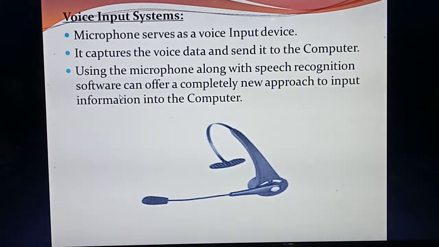That is done by the speech recognition software. Using it, your voice is converted into a computerized format and you can hear it properly. Understood? So up to this is enough for today.